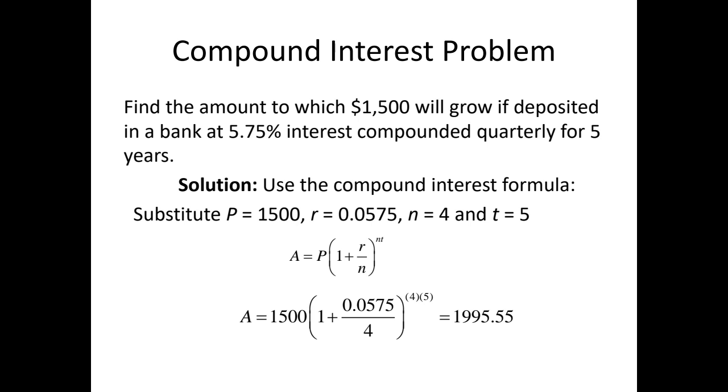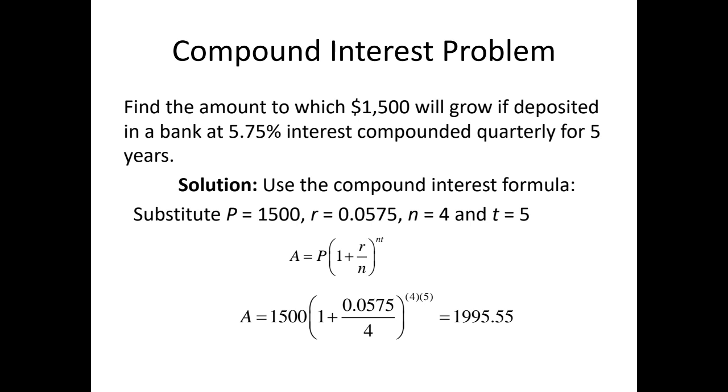But what are we dealing with? We're dealing with money. So sometimes your homework is not going to tell you to round accordingly. So you have to make sure that you round to only two decimal places, because the two decimal places mean the cents, right? So again, when I plug this in, we have to follow order of operations. We have to do everything that's inside my parentheses first.